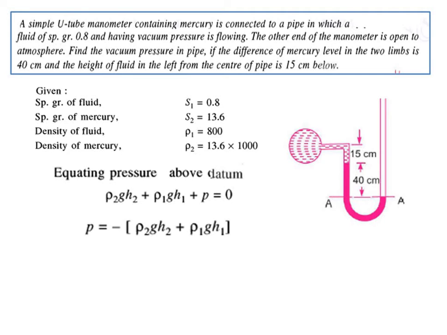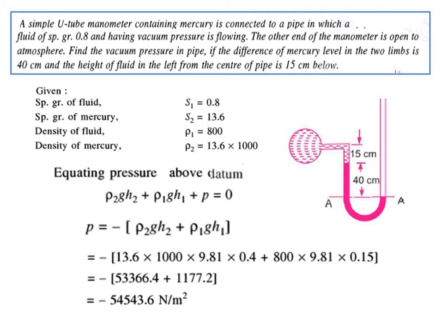So putting in the values, P is equal to minus [13.6 into 1000 into 9.81 into 0.4, that is ρ2 G H2, plus ρ1 which is 800 into 9.81 into H1, which is 0.15 meter]. So the answer is minus 54543.6 Newton per meter square, or minus 54.54 kilonewton per meter square.